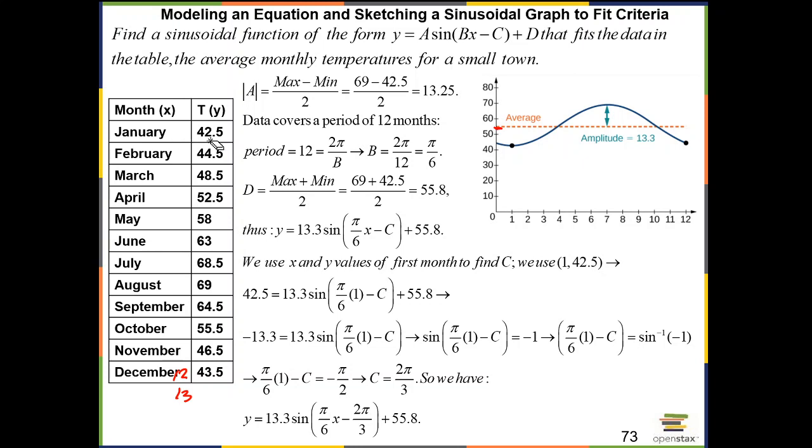We start with the minimum, right there, 42.5 is the minimum. And then we go to average, and then we go to max, then come back to average and go to the min again, and then January starts, next January. All right, so that is the function.